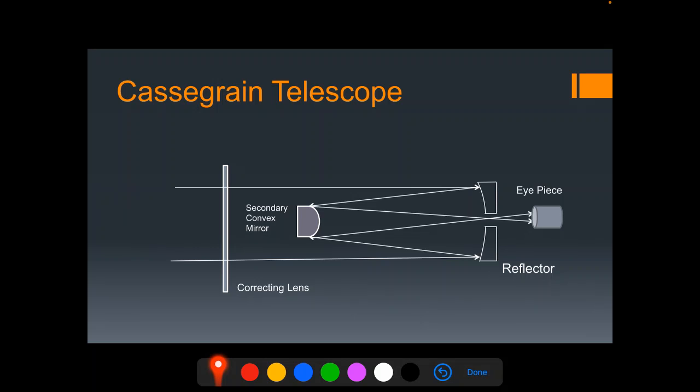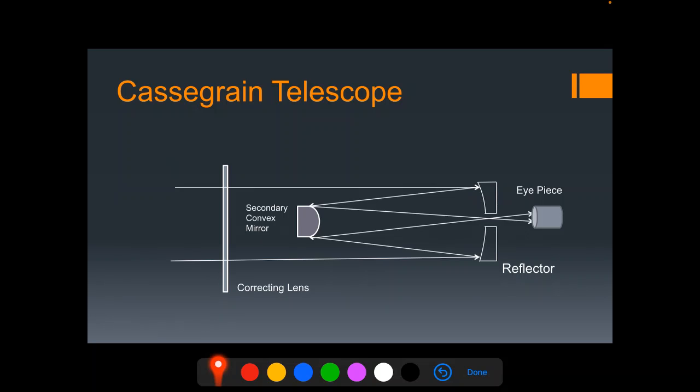In the Cassegrain telescope, the eyepiece is at the backside of the reflector objective, so there is no need to balance the center of mass. Again, take into consideration that all these components are fitted inside a tube, and at the back end of the tube there is an eyepiece through which an observer can observe distant objects.